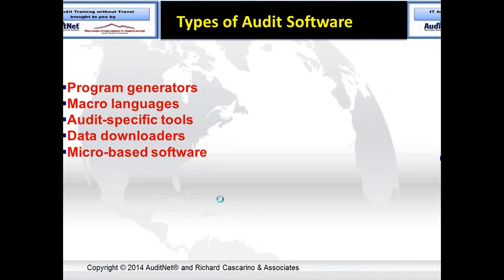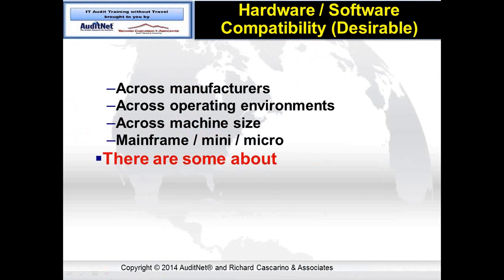So how do you pick? Well, you're looking for something that preferably you can run on any hardware or software. Now that means that certain packages are ruled out right away because they were written for a specific environment. If you are running an iSeries computer, there is data interrogation software that comes as part of the environment that you can use as a CAAT.